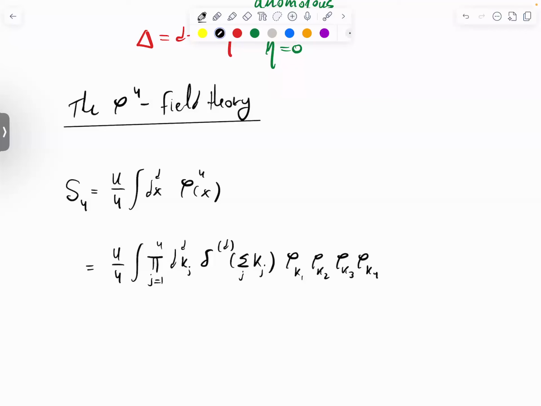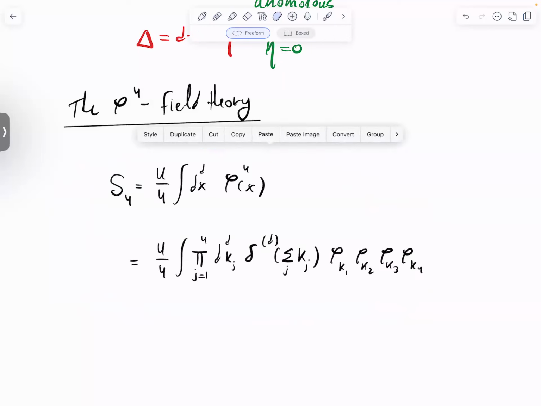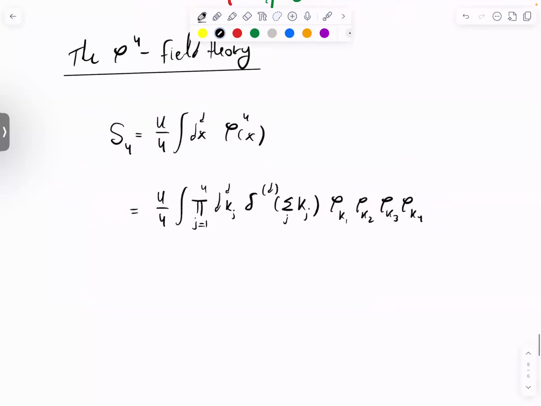Good. Now let's see how we continue. The first thing we need to know about this is how does it stretch? So let's say I stretch the momenta. This is called the tree level RG process. Then let's see how I stretch it.